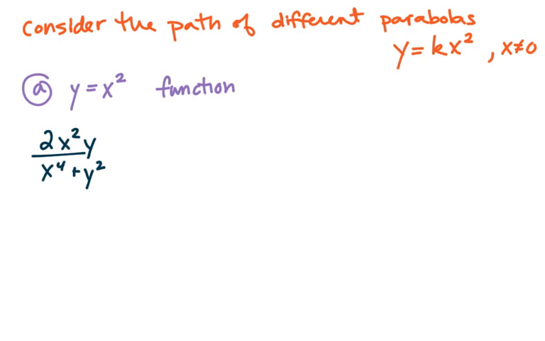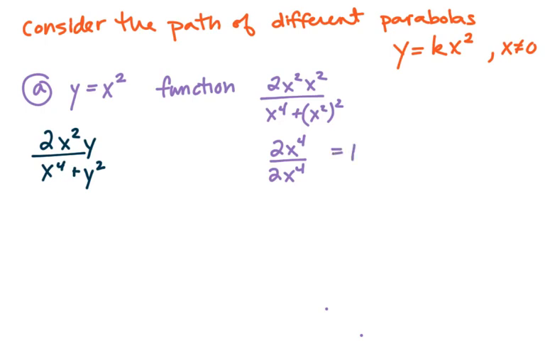That would give me my new function is 2x squared over x to the fourth plus x squared squared. So this gives me, as I simplify, 2x to the fourth over 2x to the fourth. My function would then simplify to 1.